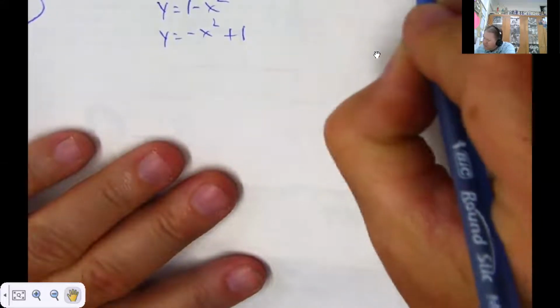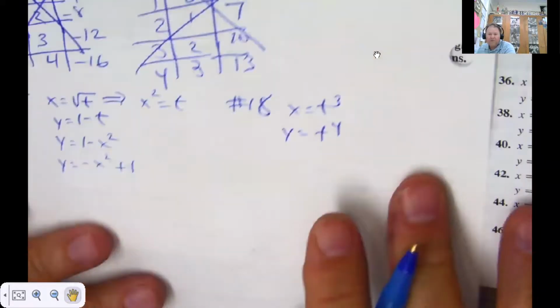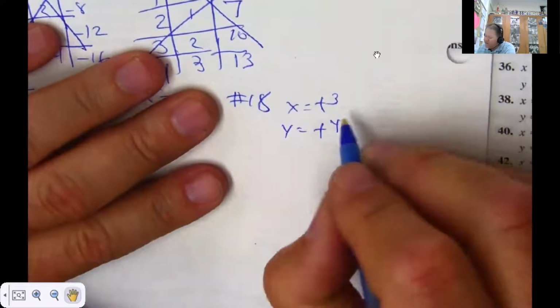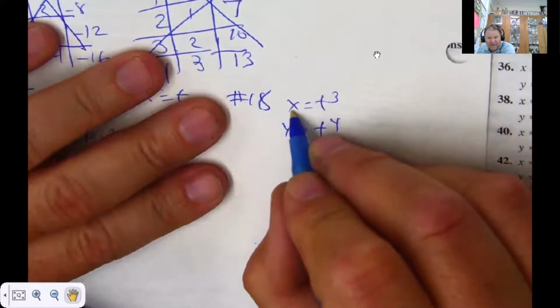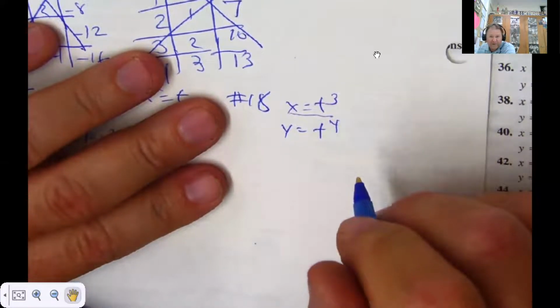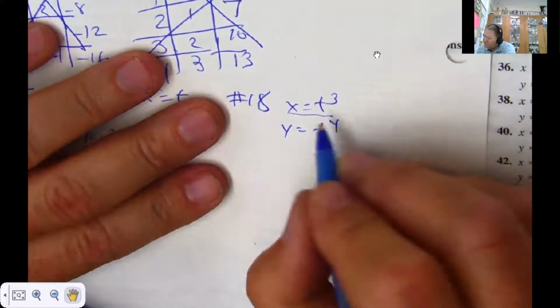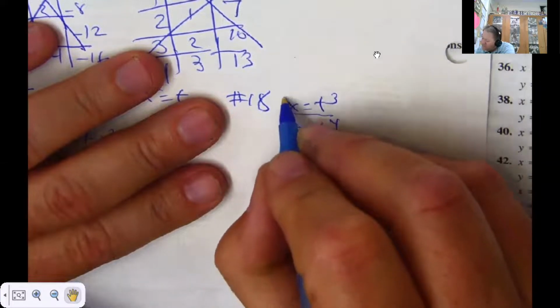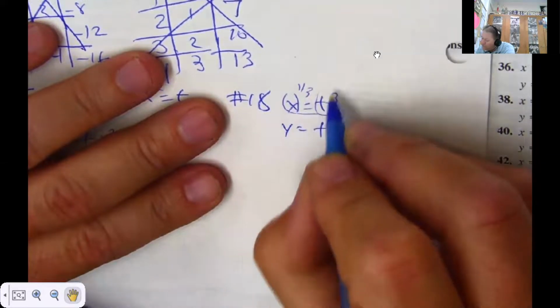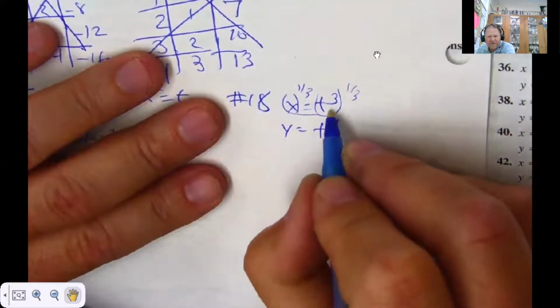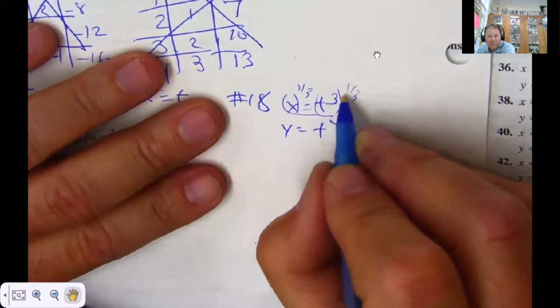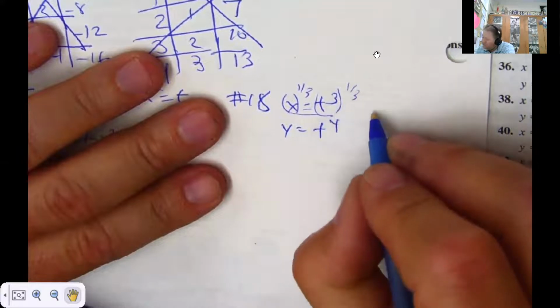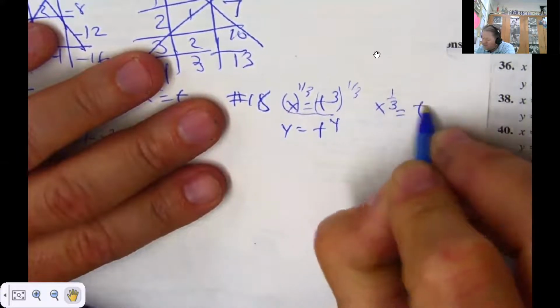And then 18 is x equals t cubed, y equals t to the 4th. And so this is 18. And what I could do is, remember, I have to make this one say t equals, and then I can substitute back in for t. So if I take the cube root of each side, or maybe another way to say this is I could raise both sides to the 1/3. Okay, and then t cubed to the 1/3, those multiply together, just give me 1. So this would be x to the 1/3 is equal to t.